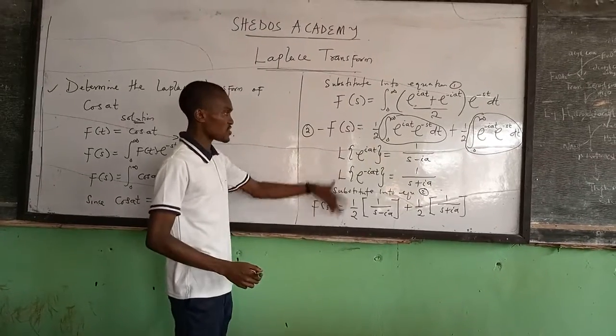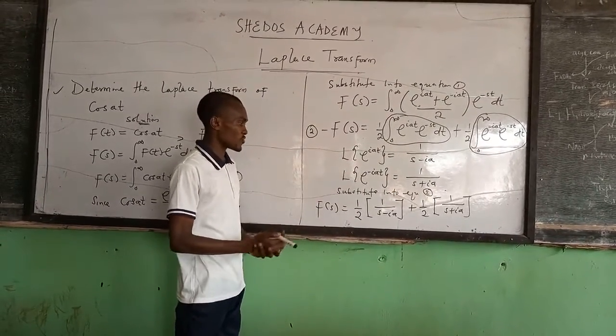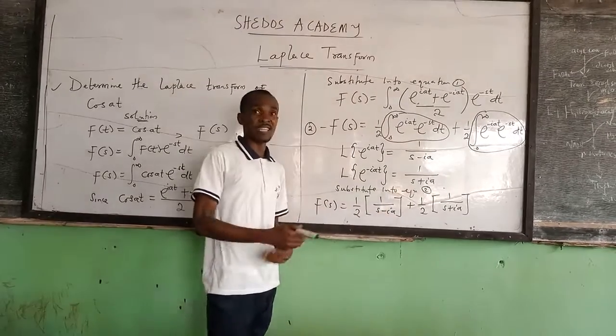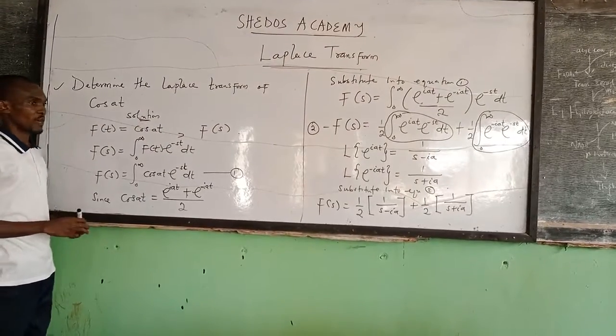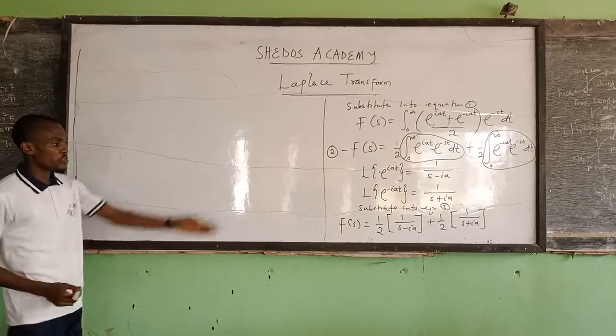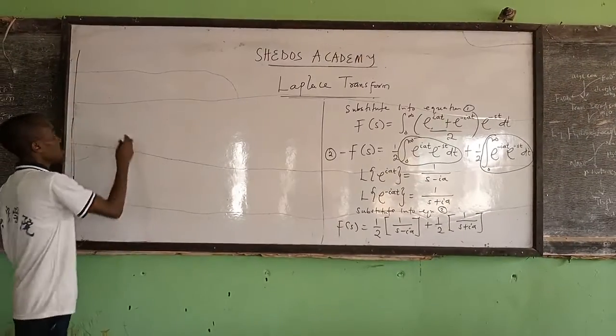So I've made a substitution of the individual Laplace transforms. The final thing to do is to simplify this by the rules of algebra. We are going to end everything by quickly simplifying that expression.